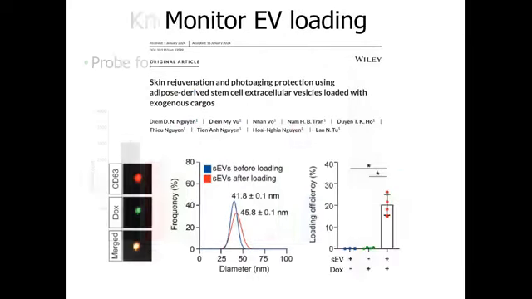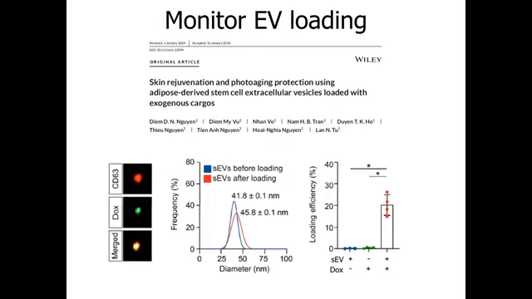If you're aiming to use your EVs as a delivery vehicle and are loading them with a specific protein or small molecule cargo, Leprechaun can measure loading efficiency and quantify the concentration of EVs with the desired cargo. This recent paper from one of our users shows how Leprechaun was used to measure loading of doxorubicin into EVs. On the left-hand images, you can see that CD63 EVs are stained red, and the doxorubicin is intrinsically fluorescent in the Leprechaun green channel.